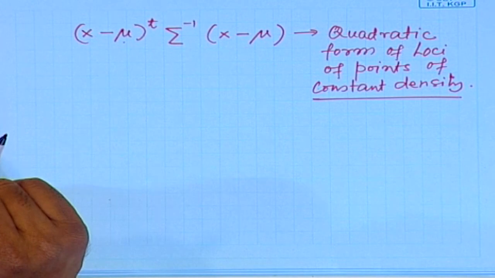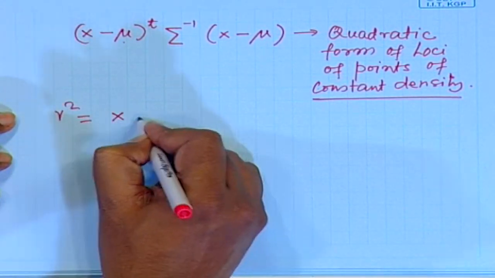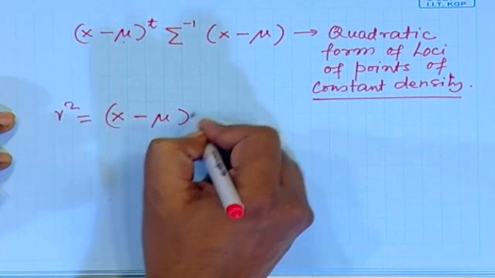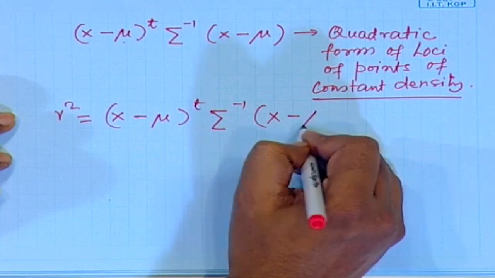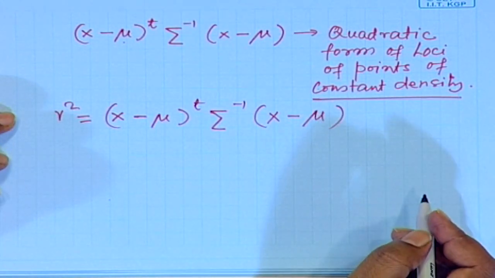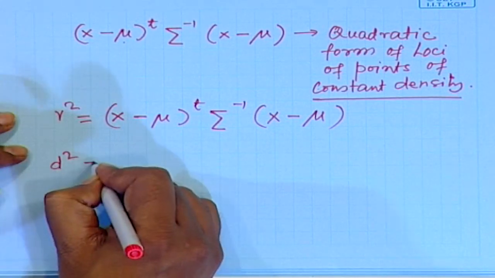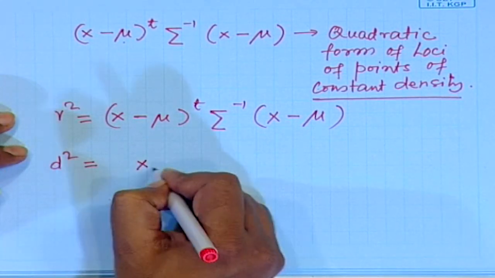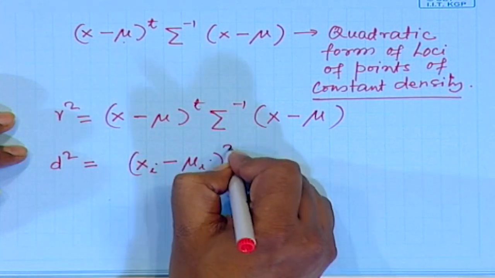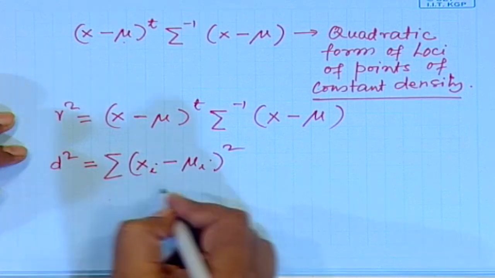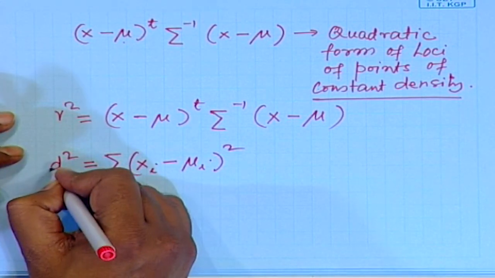So the distance function r squared I can define as (x minus mu) transpose sigma inverse (x minus mu). In the Euclidean case, I can define d squared as the summation of (xi minus mu i) squared over i equal to 1 to, instead of calling it d, let me call it say L.